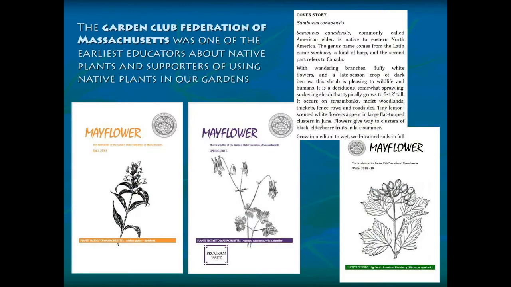And I wanted to mention that the Garden Club Federation of Massachusetts has been a very early adopter of this idea, very, very early, because from the very beginning, the newsletter of the Garden Club Federation, called the Mayflower, which I used to receive, and I imagine many of you also did, in my snail mail as a paper copy, always has an image of a Massachusetts native plant on the cover with a little explanation inside about the characteristics of the plant and how to use it.